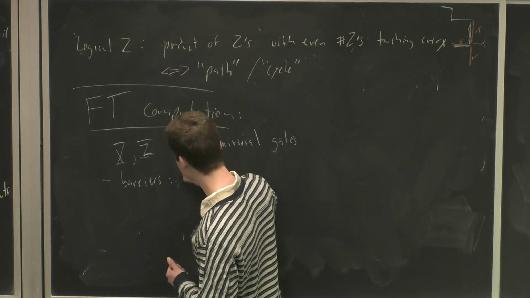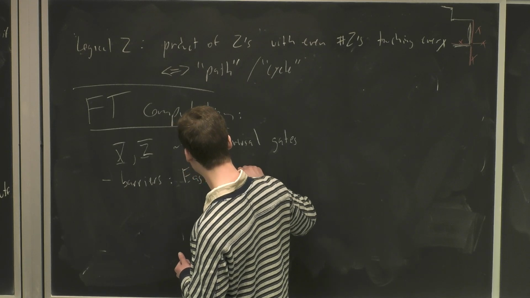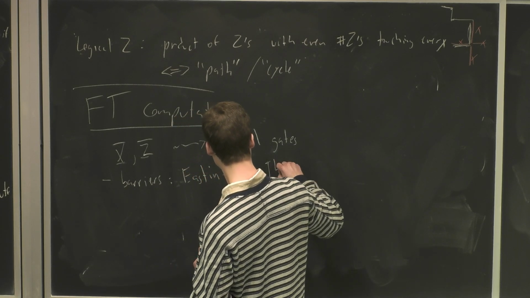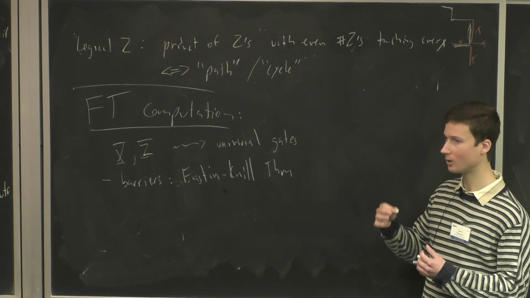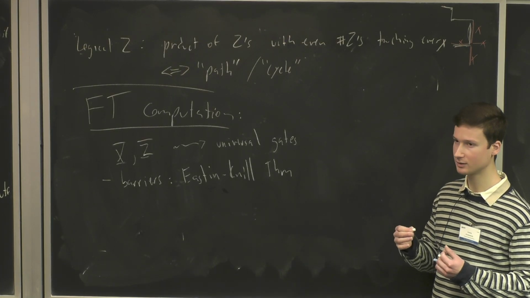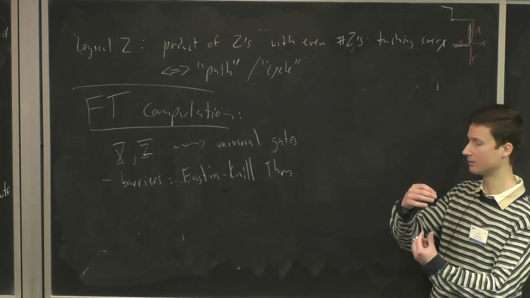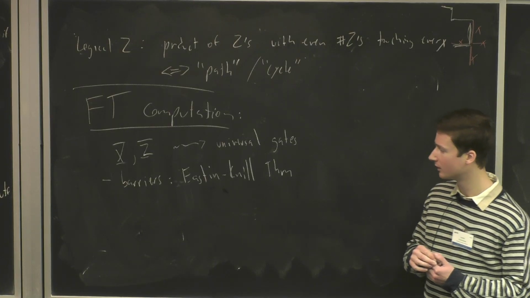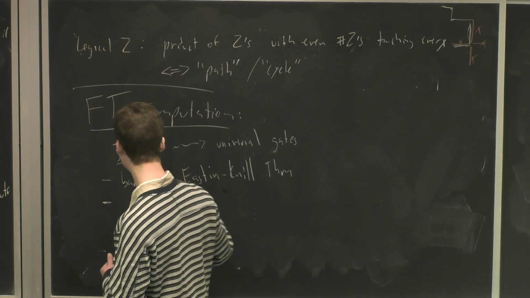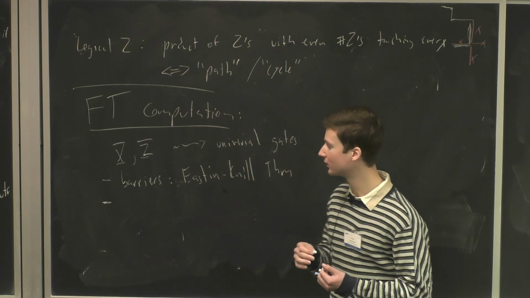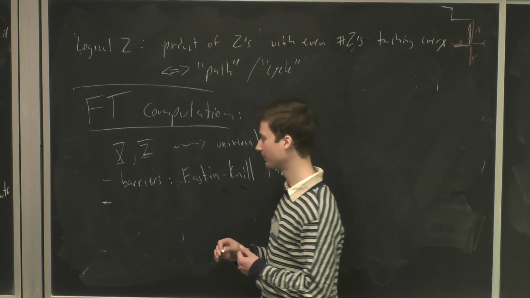So maybe I'll just write Eastin-Knill theorem. This is just some results saying we can't hope to perform all of our universal gates just by acting on one qubit at a time without interacting different qubits within the same code block. And there are a number of techniques that people have developed to still do universal computation in light of this Eastin-Knill theorem.